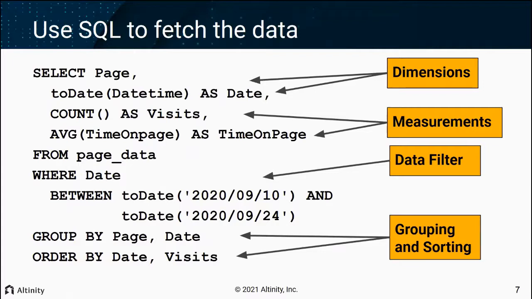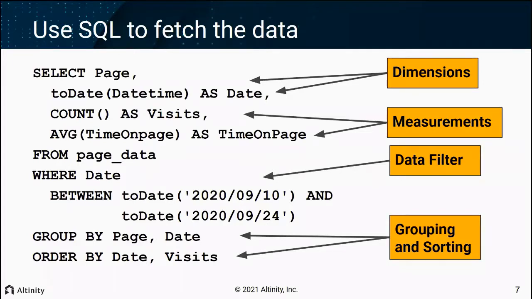And when we look at the query, we can see we've got the dimensions, so we have the page and the date. We have the number of visits, we have the average time on page. These are your measurements. We can filter the data, so we can get it for a two-week period between the 10th and the 24th of August. And then we have grouping and sorting.